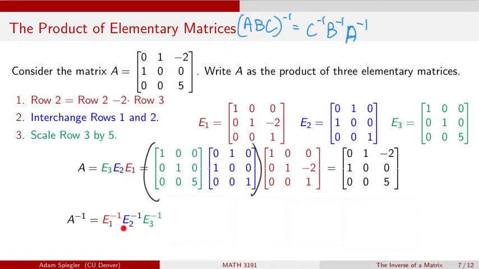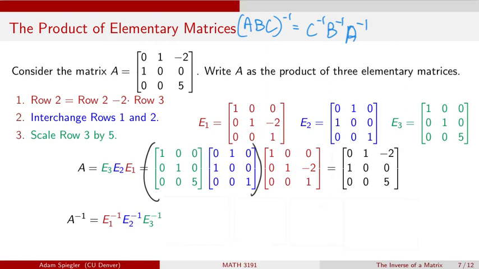So now we're first doing E3 inverse, then E2 inverse, then E1 inverse, and that's going to undo each of these operations in turn, and matrix A and A inverse are going to undo each other.